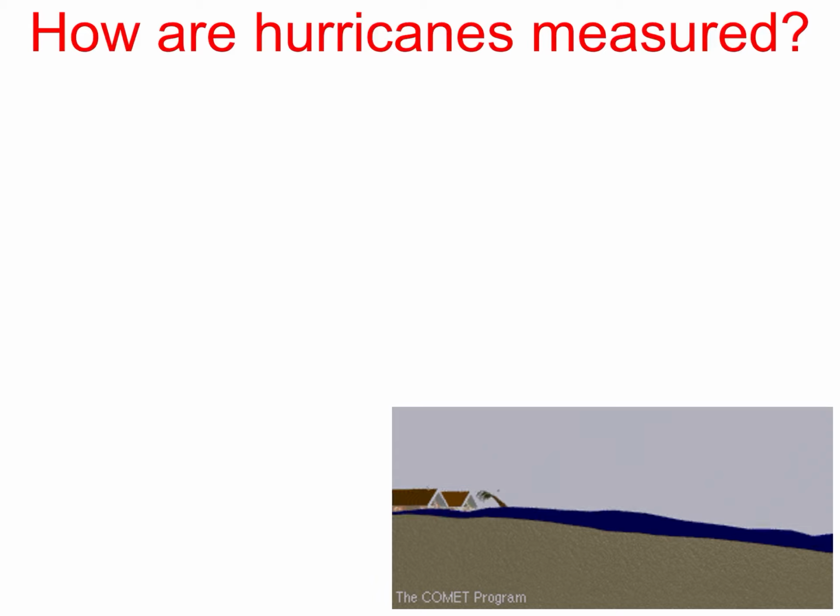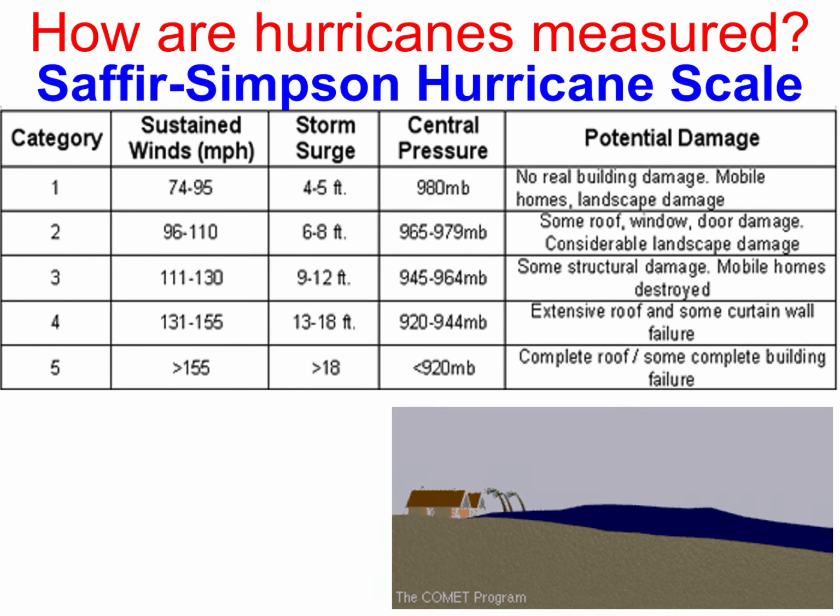I'll talk louder. How are hurricanes measured? So we said earthquakes are the Richter and Mercalli. We said tornadoes are the Fujita scale. And now we are on hurricanes, which are going to be the Saffir-Simpson scale. And that's going to be based on wind, and it's going to be based on storm surge.